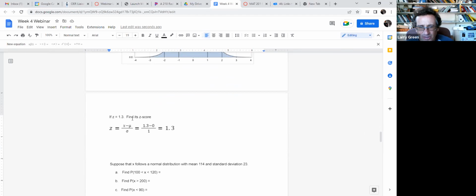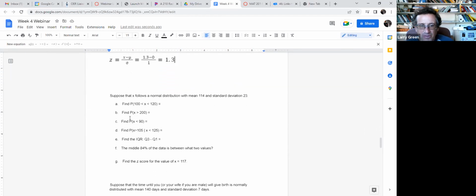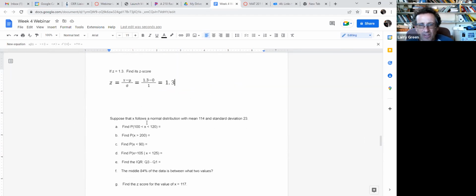Okay, now let's do another example. Suppose that x follows the normal distribution, but now it's not a standard normal distribution anymore. The mean is 114, and the standard deviation is 23.